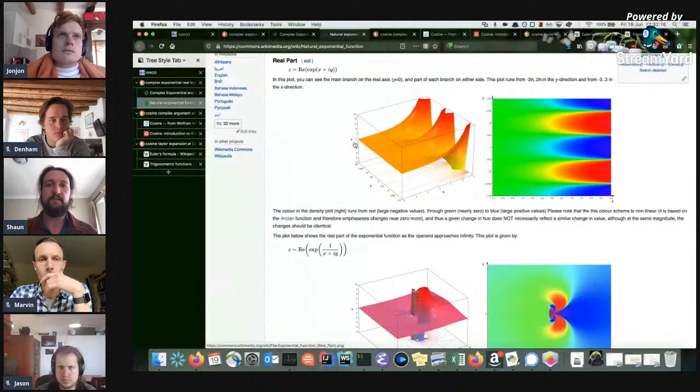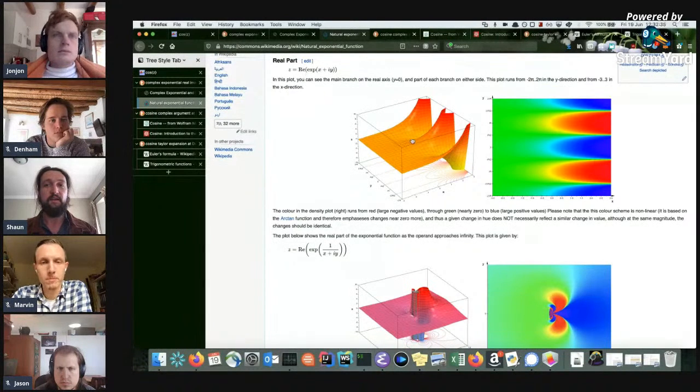The z-axis is the real part of the result of the function. So we take the exponential of our complex variable, and then we take the real part of that. And if you do that plot, you get this interesting looking beast.